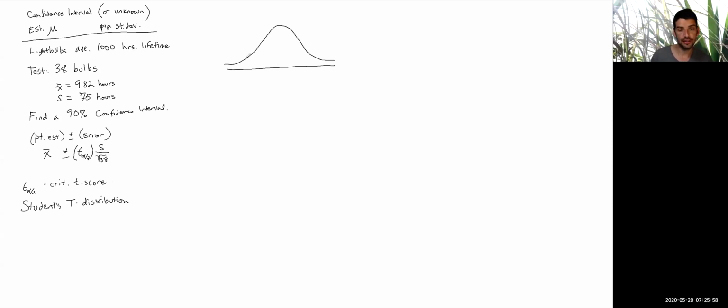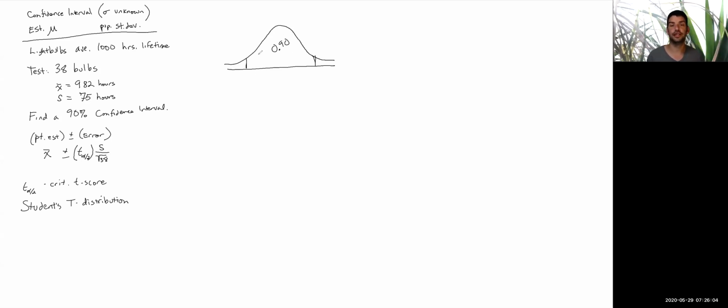We want a 90% confidence interval, meaning we want to find two t values between which 90% or 0.9 of the area exists. T alpha over 2, okay?